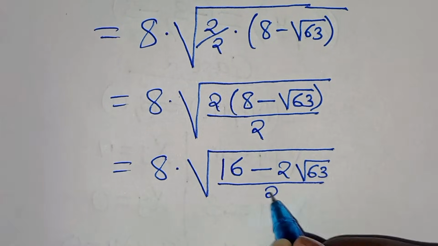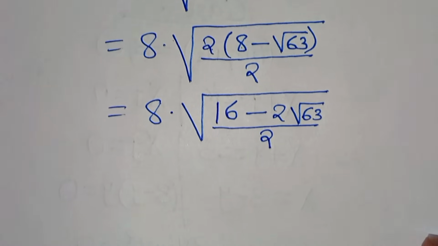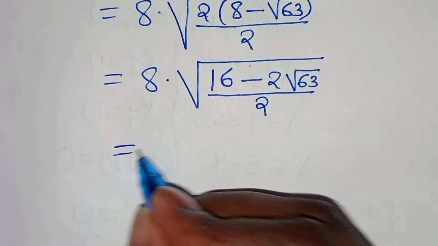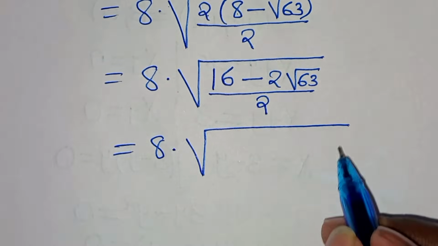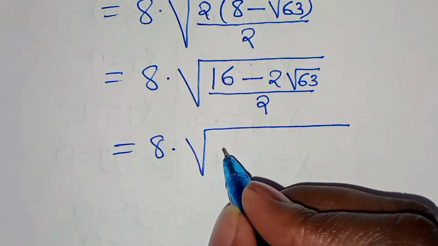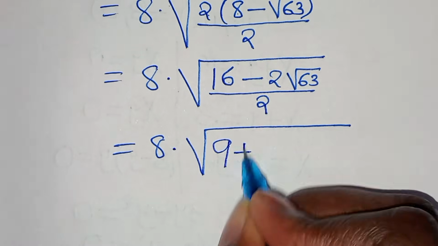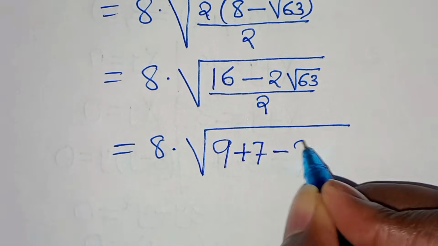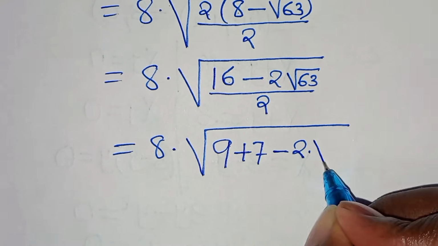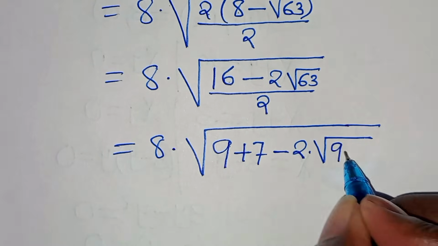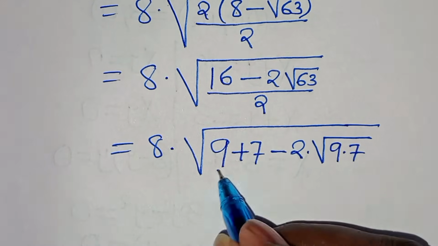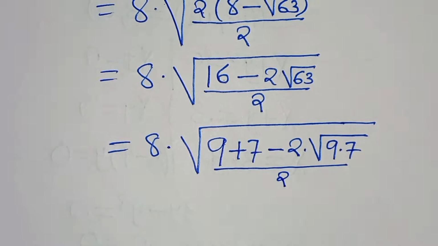Everything here divided by 2. Now, the next step is that we have 8 times square root of, we can express 16. This is the same thing as 9 plus 7, subtract 2, multiplied by square root of 63, which is the square root of 9 times 7, everything here divided by 2.